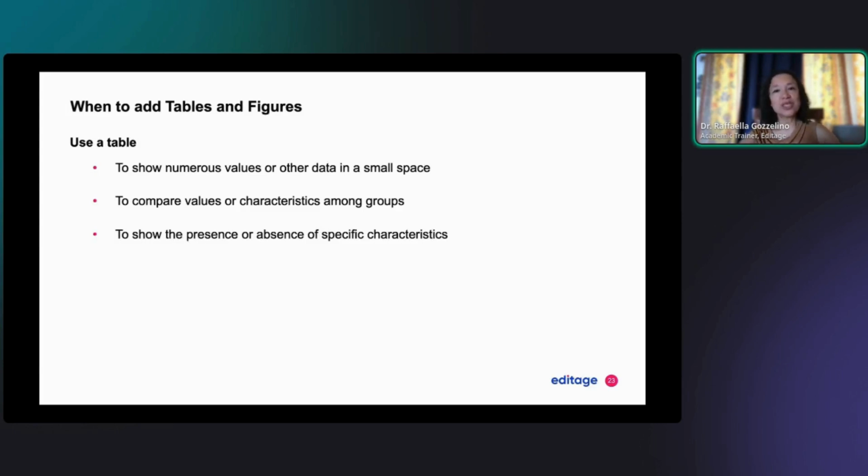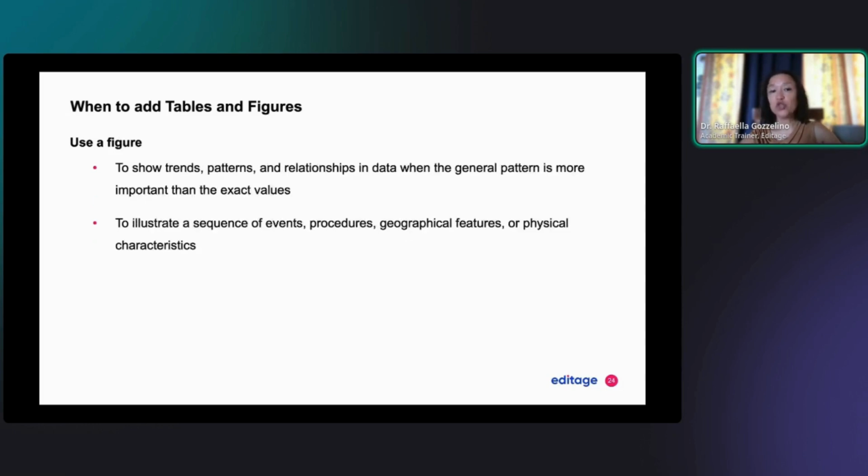Sometimes you use a table to compress all the data that you might have, that otherwise you would need 50 pages just to provide the graphs about it. You also use a table to compare values or characteristics among groups, or to show the presence or absence of specific features. But you use a figure to show trends, patterns and relationships in data, when the general pattern is more important than the exact value.